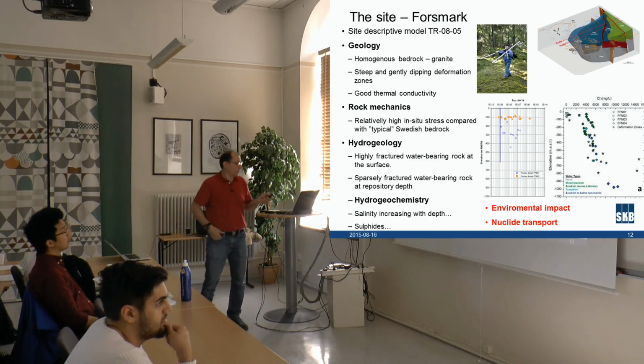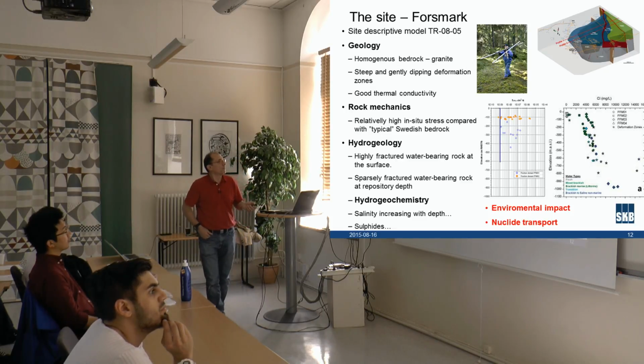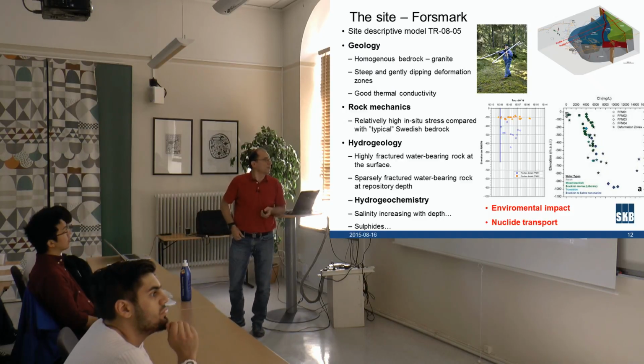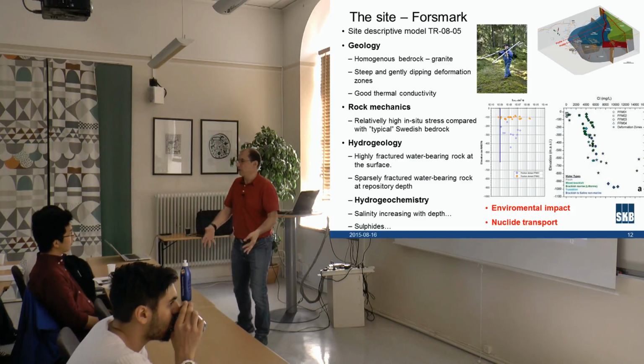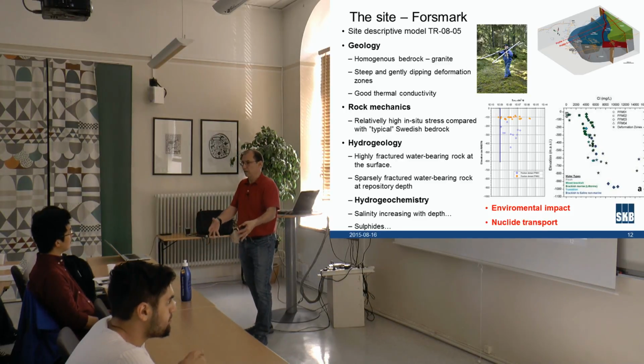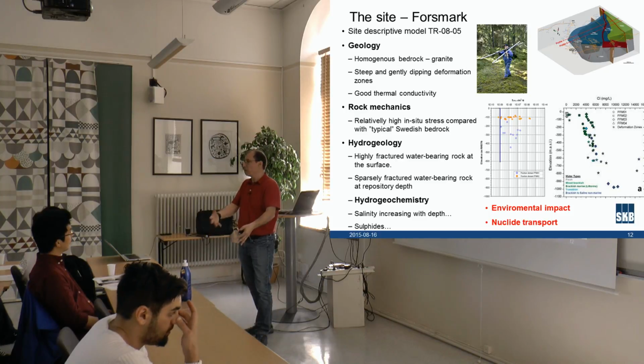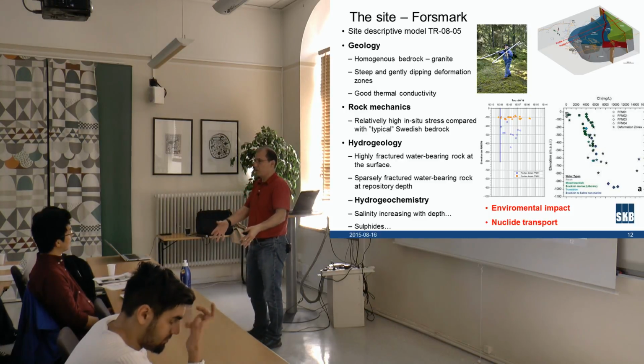One example of this. We have talked about the thermal conductivity. Then what about the rock mechanics? Actually, it's relatively high in situ stress, meaning that if you're down there measuring the stress, it's higher than in normal Swedish bedrock.